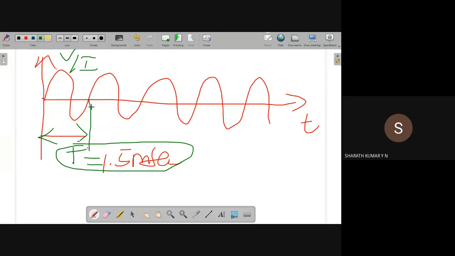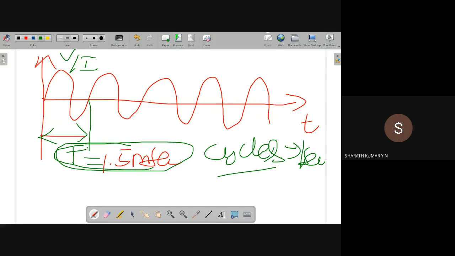Next, I need to understand how many cycles will appear for a duration of 1 second, where the time period of each cycle is around 1.5 milliseconds.